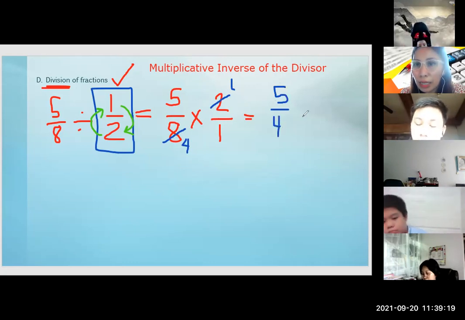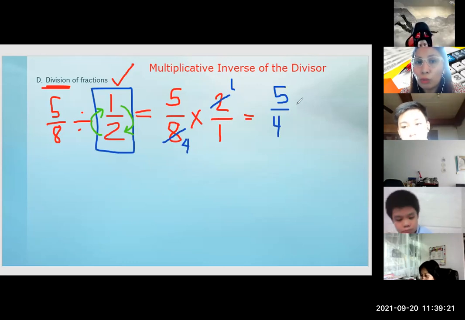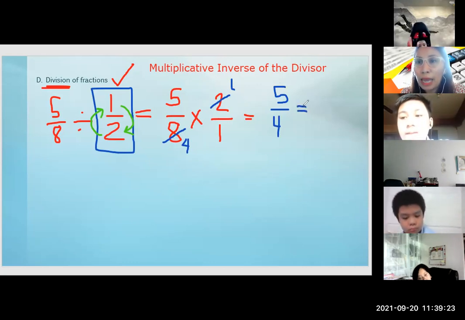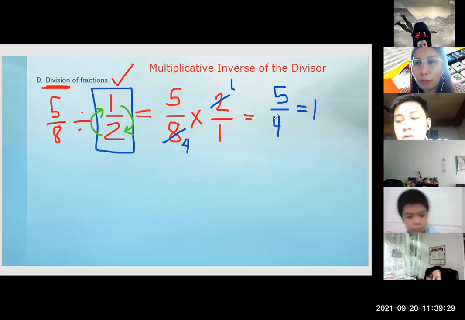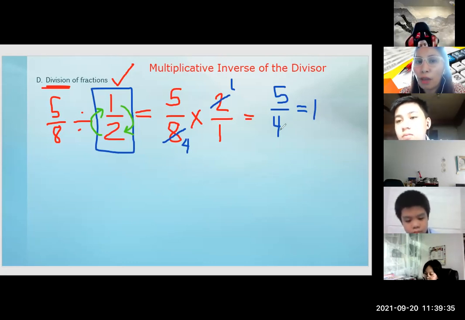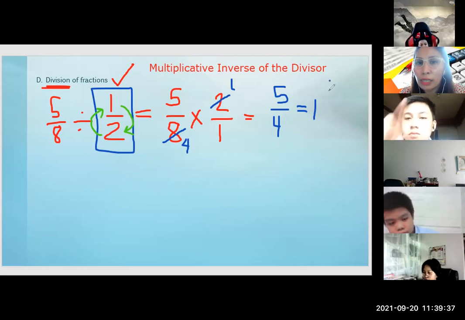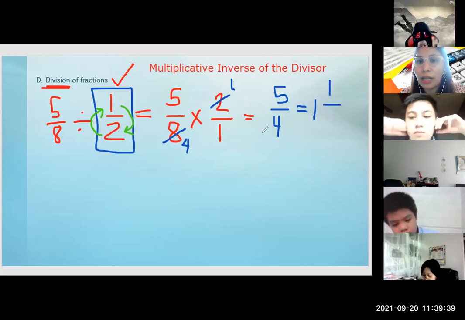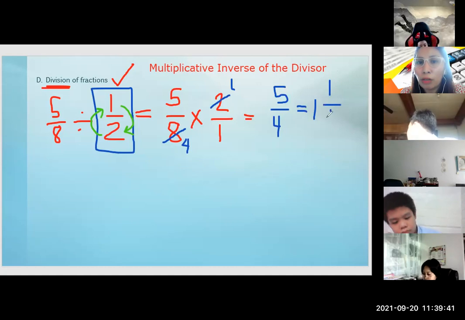This is already the answer, but we need to make it in the proper form. How many 4 can be fit in 5? It's only 1, correct? And then we need to subtract. 5 minus 4, it's 1. Okay, and then copy the denominator 4.